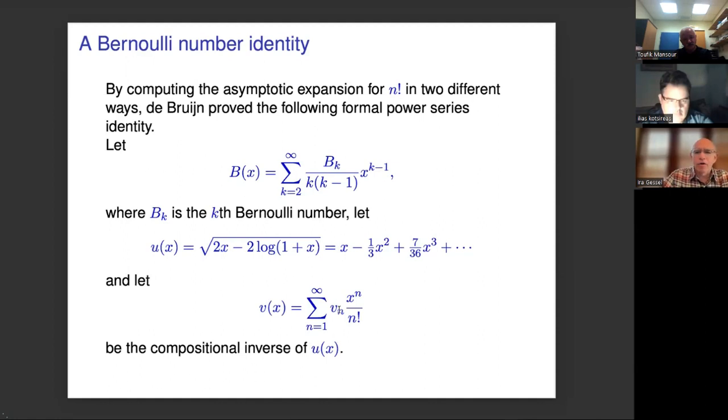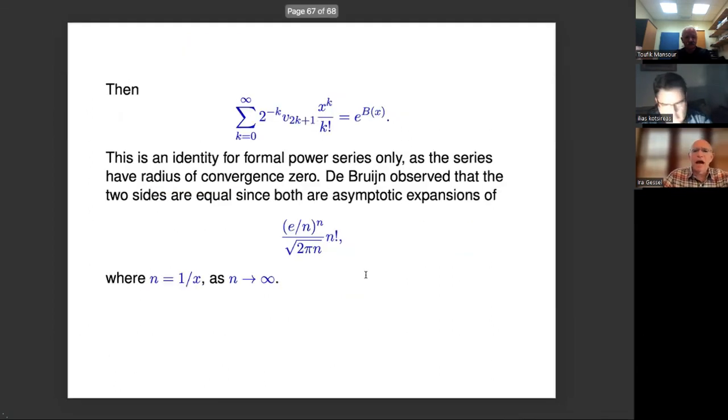And I'll call the coefficients v sub n. So v sub n is the coefficient of x to the n in v of x. And now I take this funny generating function, a sort of shifted or transformed generating function for just the odd v n's. So I take this generating function for v sub 2k plus 1.